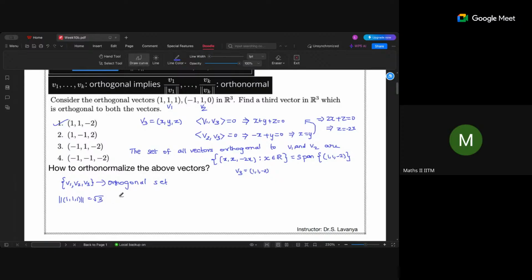Okay. So if you take the vector, let's say u1 is equal to 1 by root 3 times v1, so this is norm v1. What is norm v2? Root 2. What is norm v3?